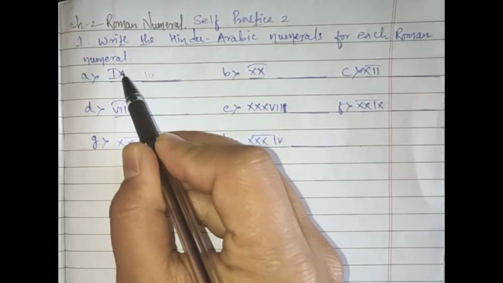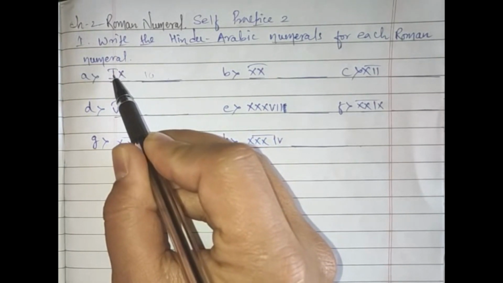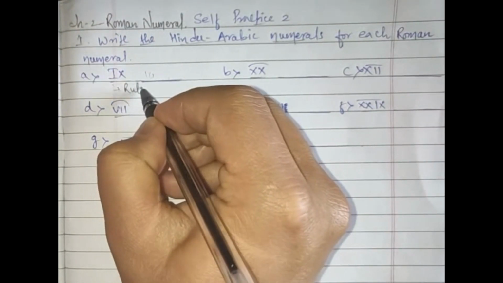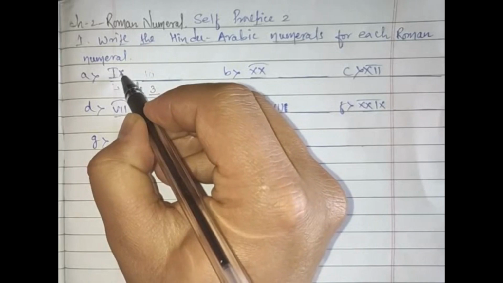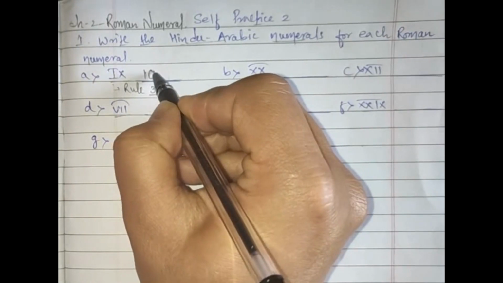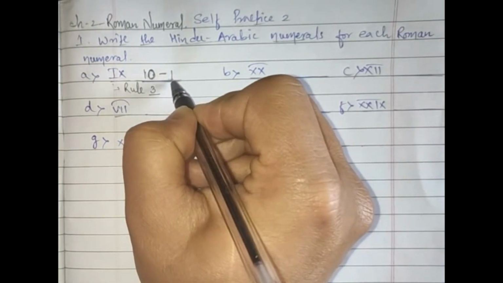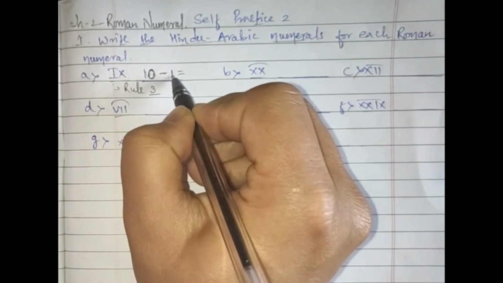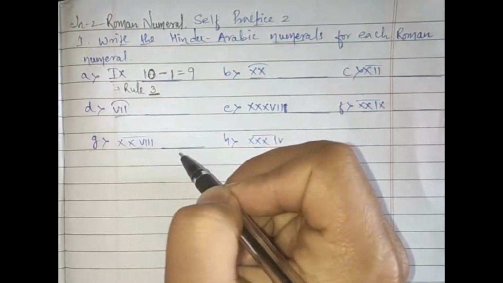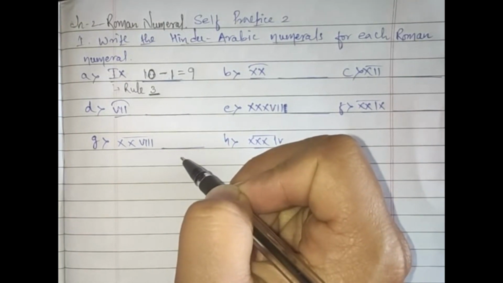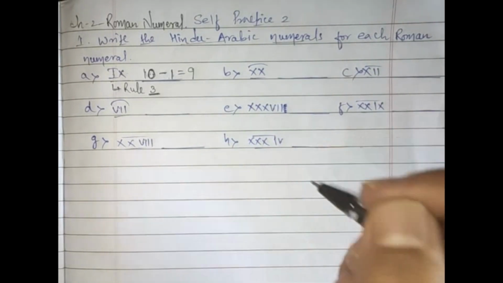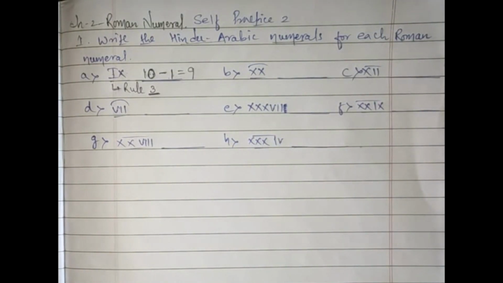In IX, X is a greater Roman numeral compared to I, so it should follow rule number 3, because X is at the right hand side. First it should be written 10, then minus I which is 1, so 10 minus 1 is 9. So IX means 9. It is following rule number 3. That's why I have said you have to know the rules to write it in the Hindu-Arabic form.